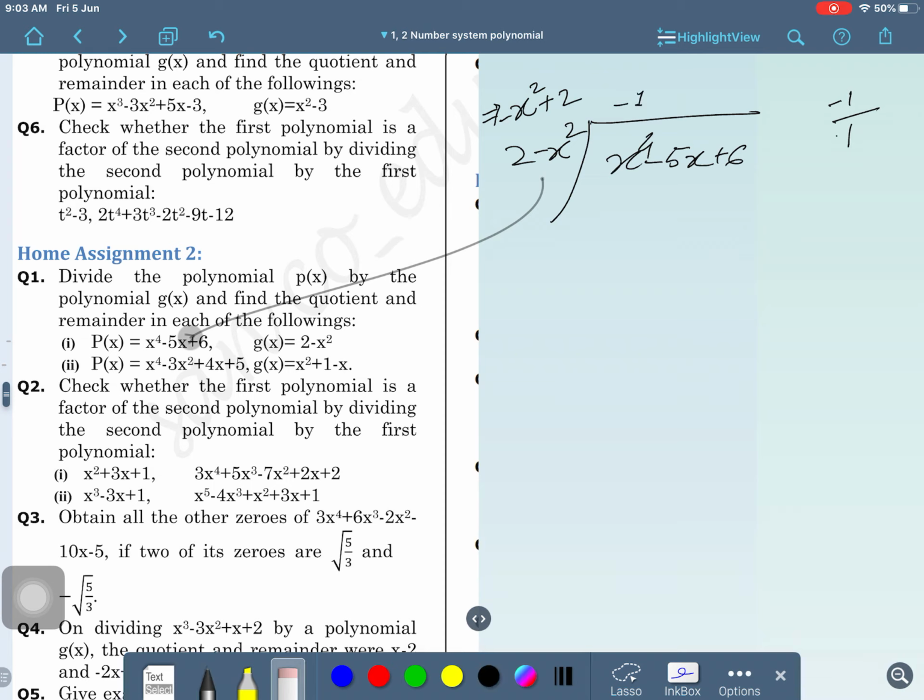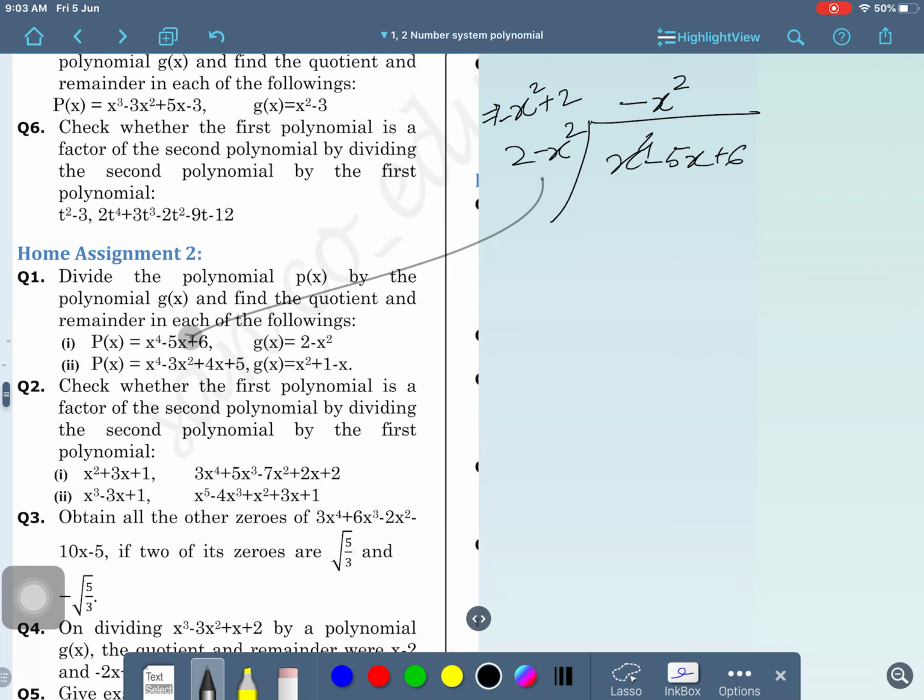Clear? Now next, what is the degree difference between them? The degree difference is there 2. So here you will write down x square. Generally I just want to tell you the coefficient 1 is not denoted as. Okay, so you must remember this. So we will write down here this only minus of x square.